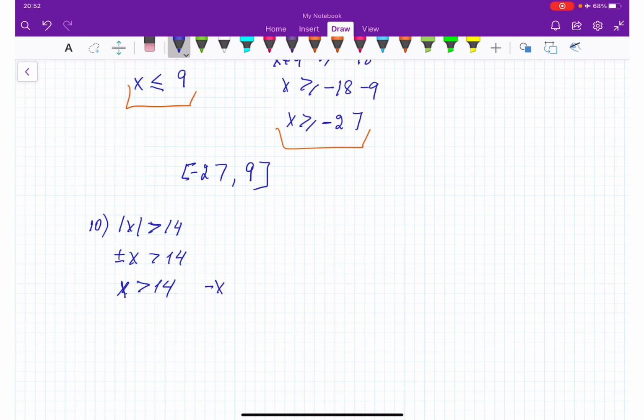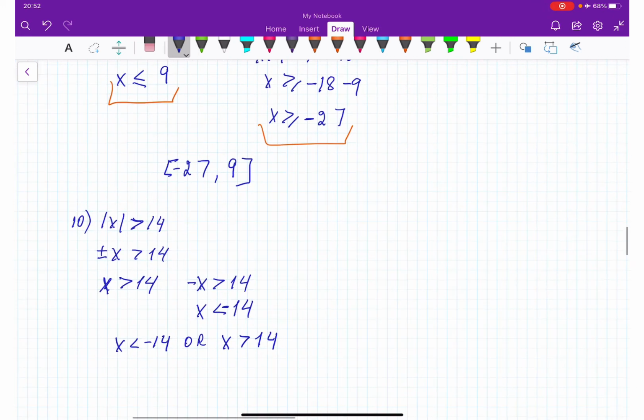And negative x greater than 14, which is x is less than negative 14, right? Okay, so the solution to this is going to be x is less than negative 14, or x is greater than positive 14. Okay?